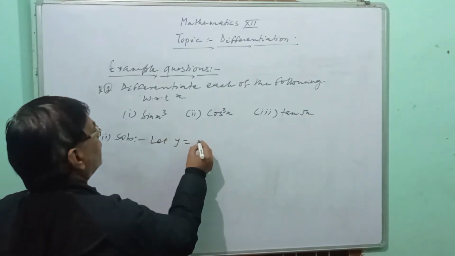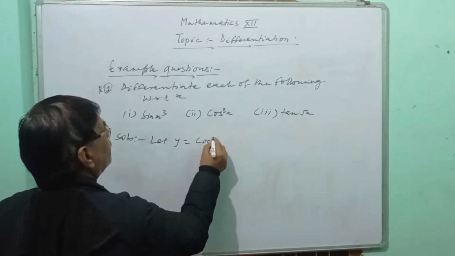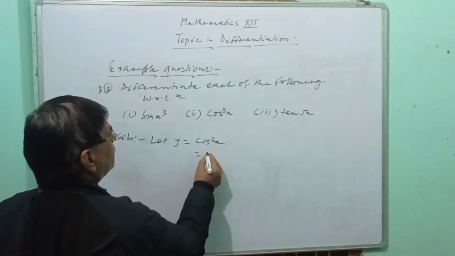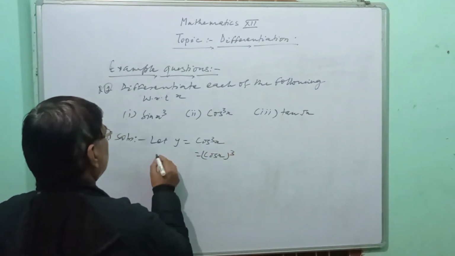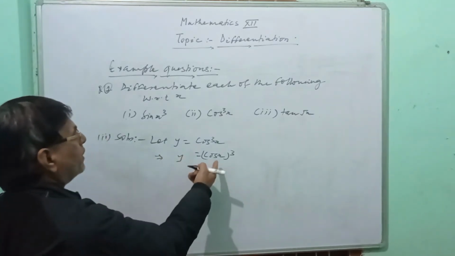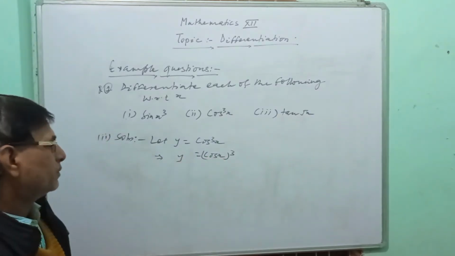Let y is equal to cos cube x, which is equal to cos x to the whole cube. This implies y is equal to cos x to the whole cube.